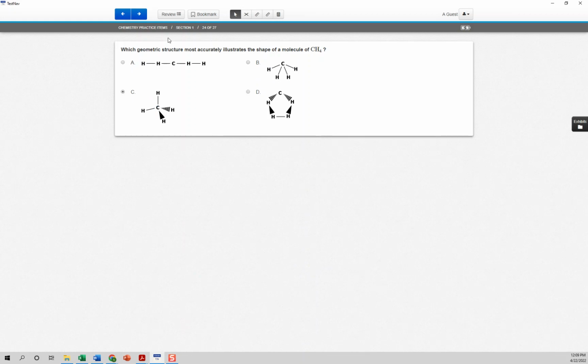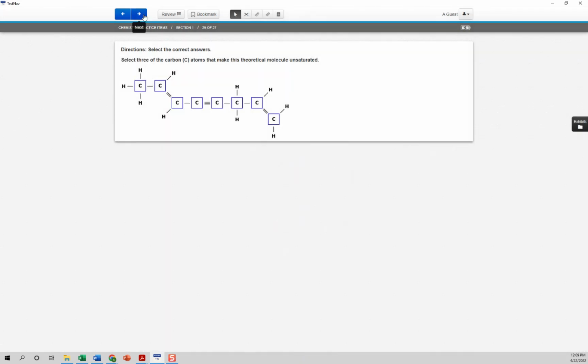All right, so here it's saying select 3 carbons that make the molecule unsaturated. So that means carbons that have either a double bond or a triple bond. So not this carbon, because it's all single bonds, but this carbon has a double bond, so I could select that one. This one has that same double bond, so I could select that one. This carbon has a triple bond, so I could select that one.